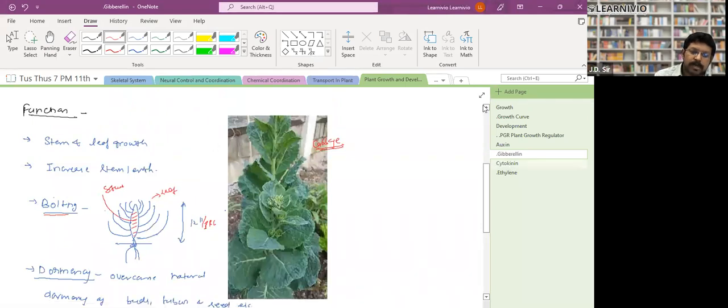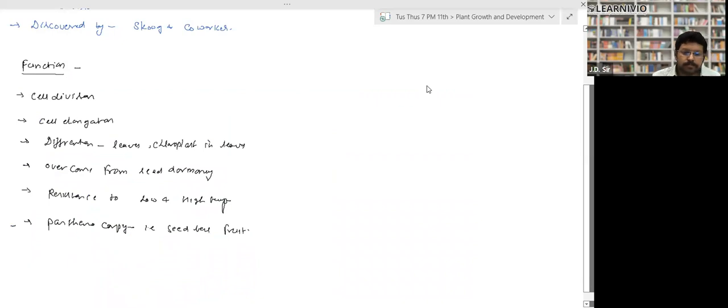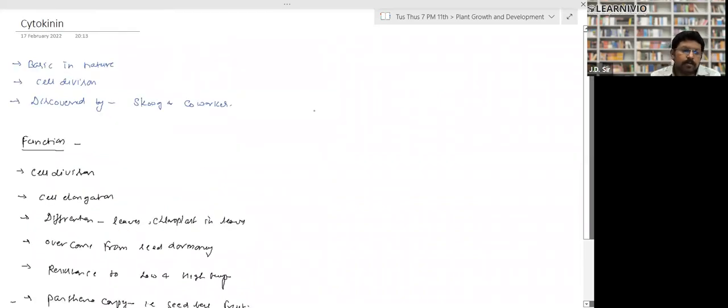Now the next heading is cytokinin. Put the heading cytokinin. Cytokinin is basic in nature. Next point, it is responsible for cell division.